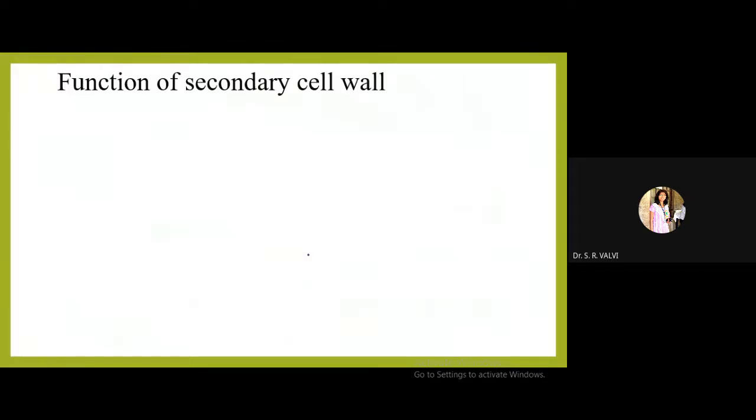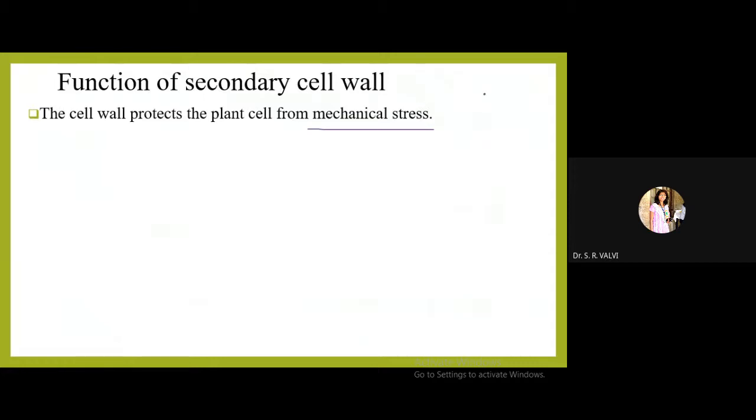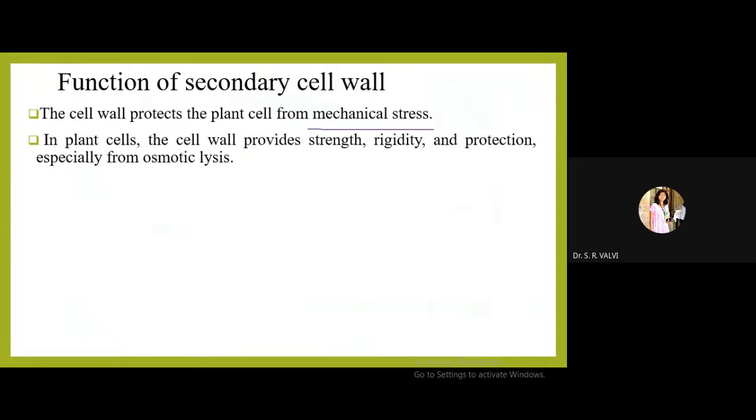Now what is the function of the secondary cell wall? Let's begin with it. The secondary cell wall protects the plant cell from mechanical stress. As the lignin deposition is there, obviously it provides mechanical strength. Then the plant cell wall provides strength, rigidity and protection, especially from osmotic lysis.